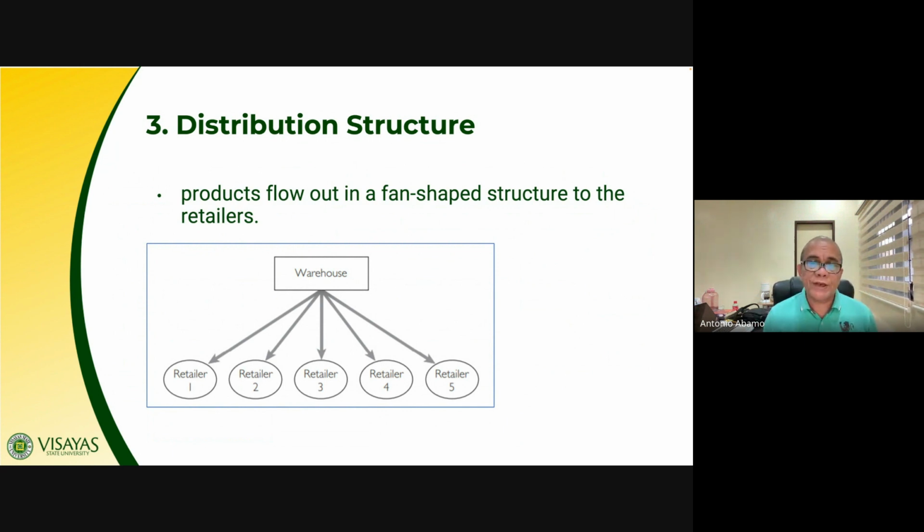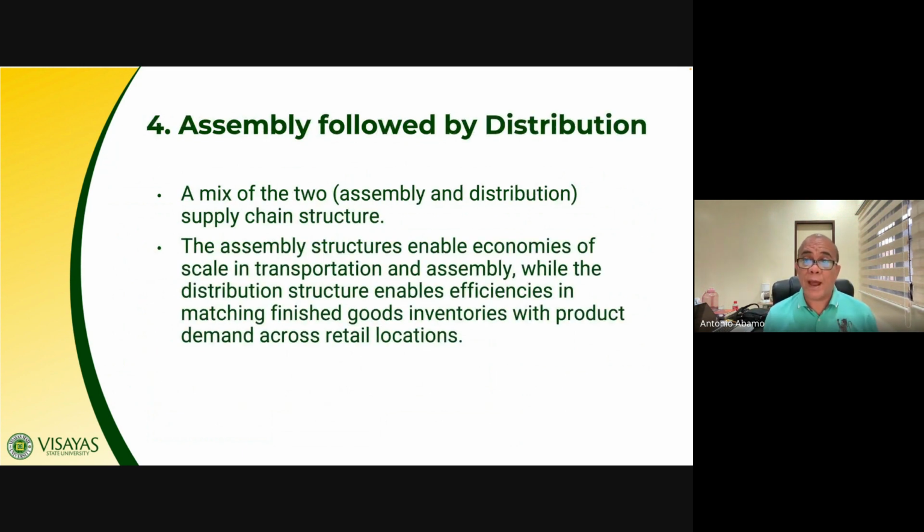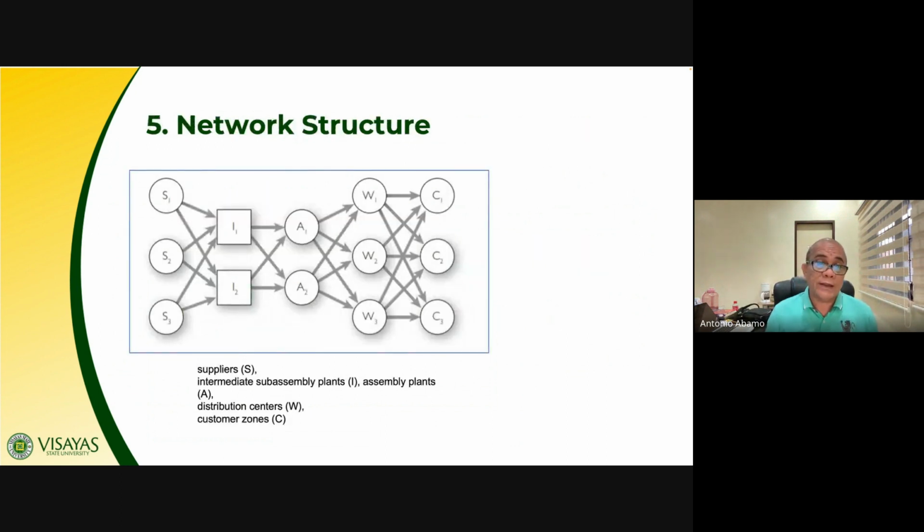The warehouse receives the supply from the factory and distributes to various players along the chain. Okay, then you have assembly followed by distribution. Assembly and distribution is also something like that, no? And then you have, just like this one, another, a network structure.